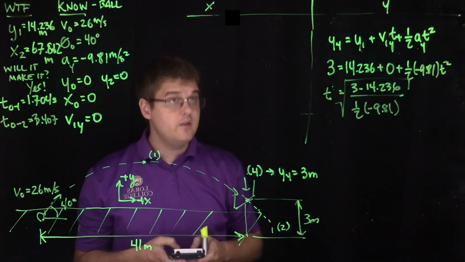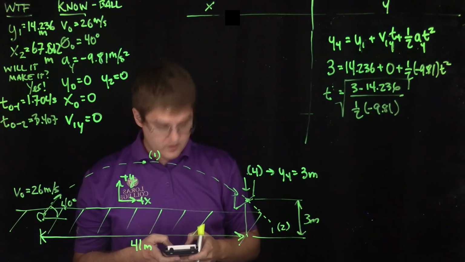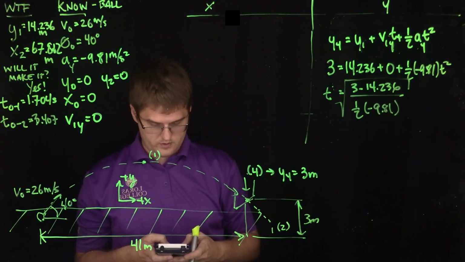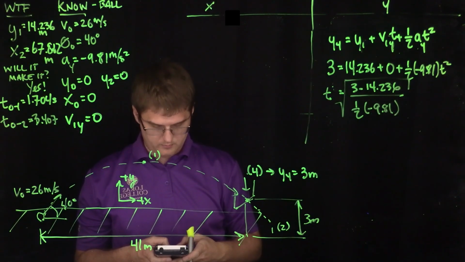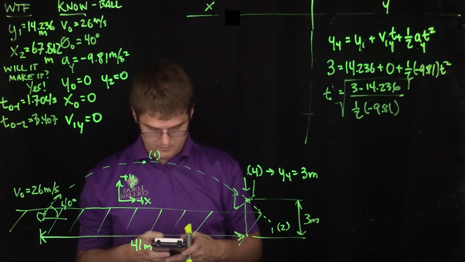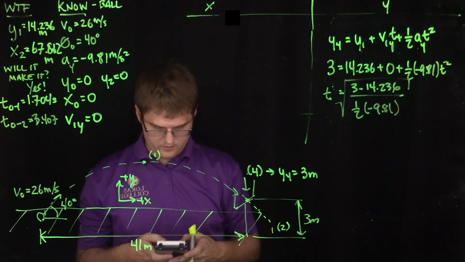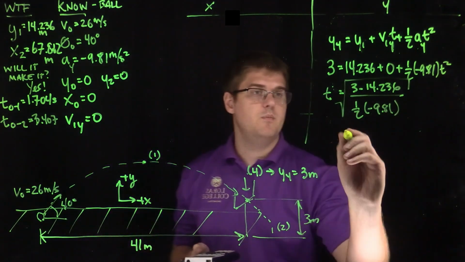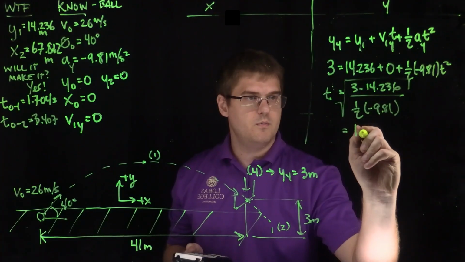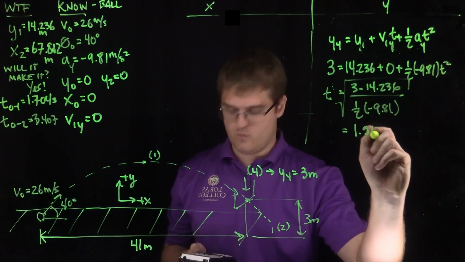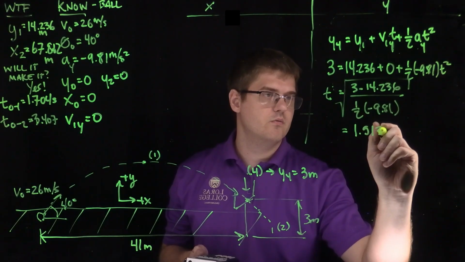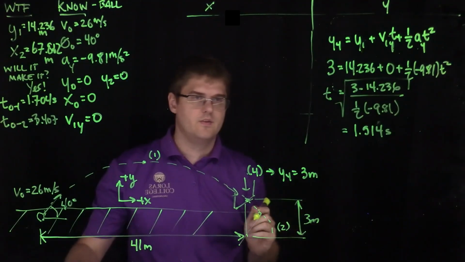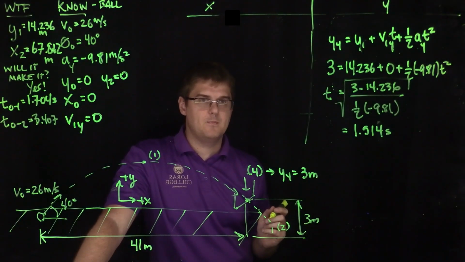So 3 minus 14.236 times 2 divided by negative 9.81. Square root of that is going to give me a time of 1.514 seconds.